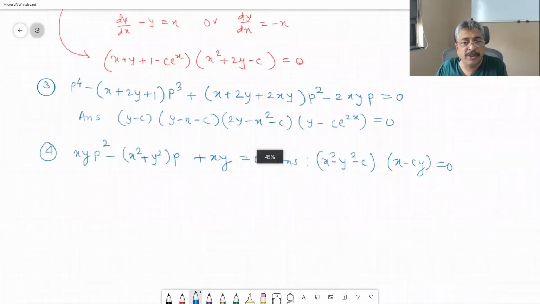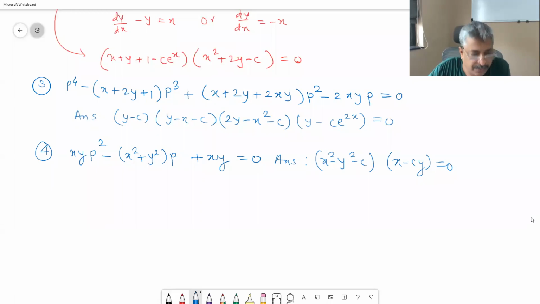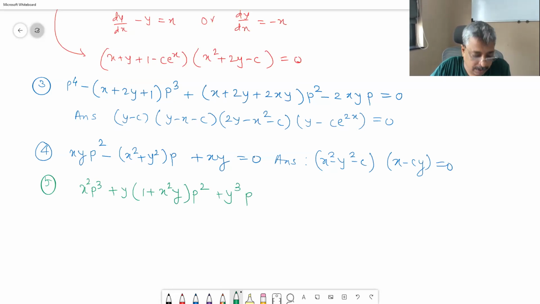Last one of this type. Fifth, x square p cube plus y times 1 plus x square y p square plus y cube p is equal to 0.